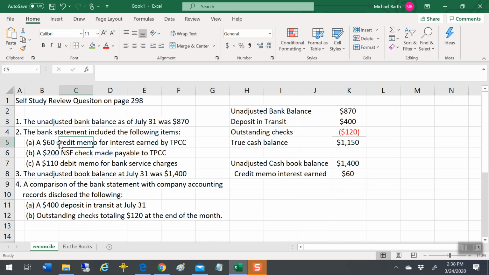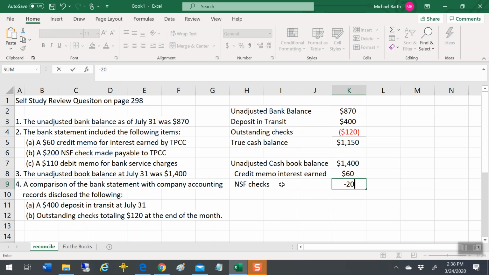The bank also tells us one of the checks we deposited did not clear, because the customer wrote the check with not sufficient funds. That check didn't clear the bank, so they take that out of our account.